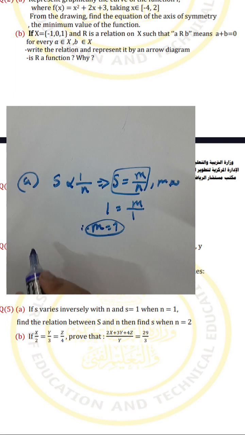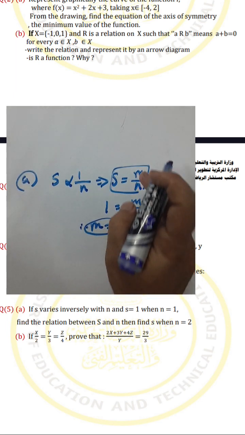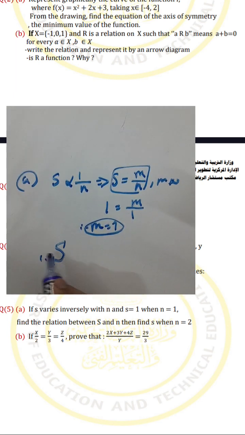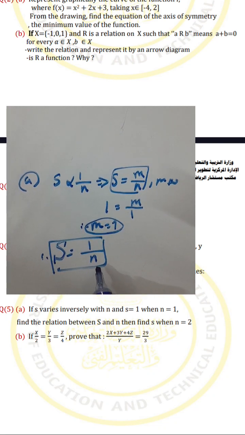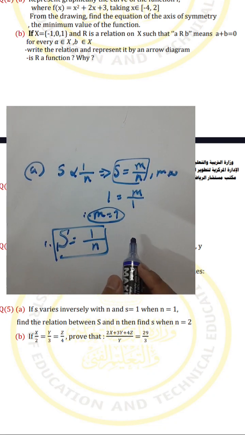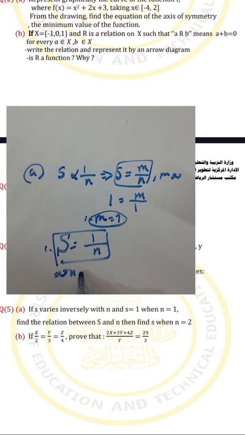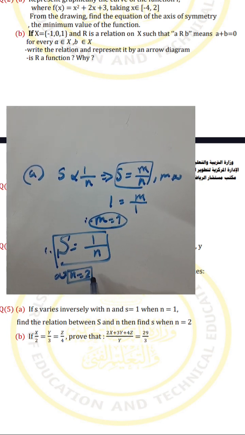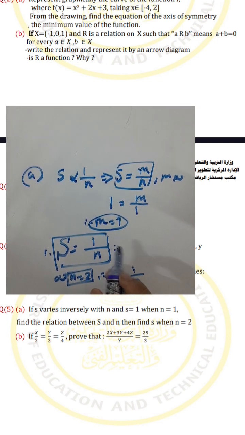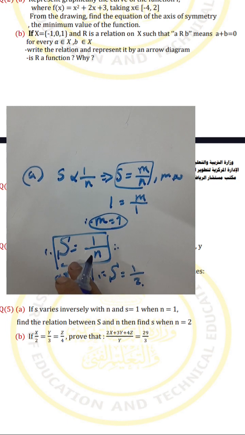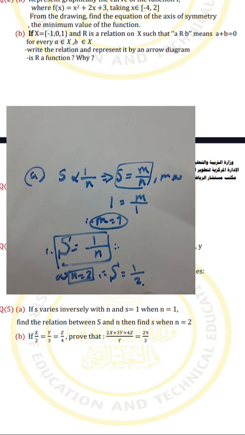Find the relation, put m equal 1 here, then s equals 1 over n. It's the relation between s and n. And then find s at n equal to 2, then s will be 1 over 2. We have the relation here between s and n: s equals 1 over n. At n equal 2, then s equals 1 over 2.